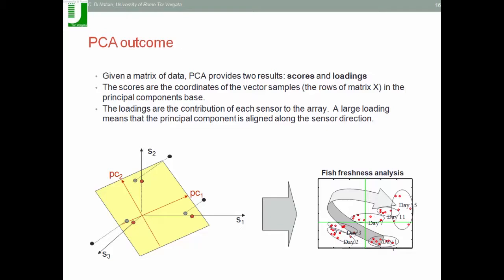We have these black points here, which are the original data, and they are projected onto the space of PC1 and PC2. This means that we are basically taking a projection from a three-dimensional space onto a plane. This is something that we do every time we take a picture: we project the three-dimensional space onto a plane.